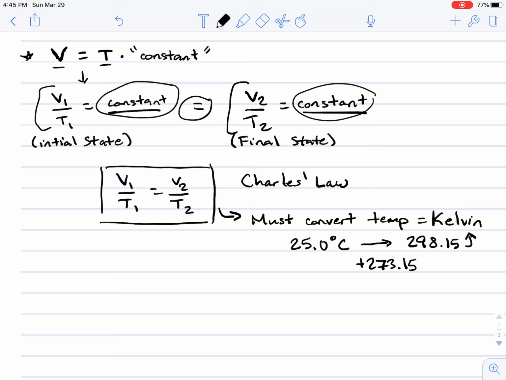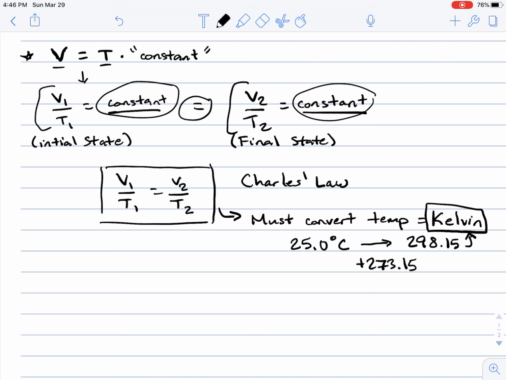And if you plug them in without changing them into Kelvin, you're going to get a negative answer for volume. And we know that volume cannot be negative. Volume will always be positive. So to ensure that our calculations are always positive, we always want to convert into Kelvin units first before we plug things into the formula.